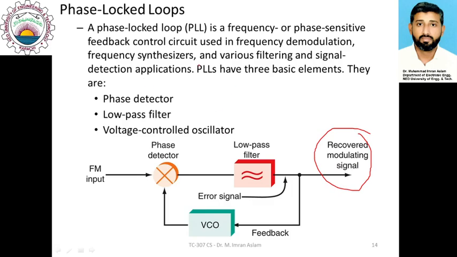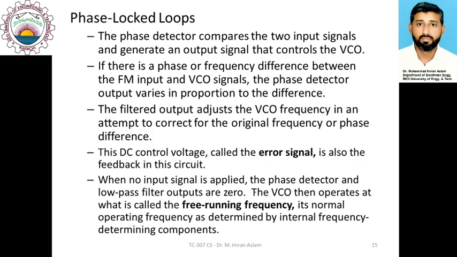Whatever I tried to explain here is also listed in the next slide for your convenience. You can see that the phase detector has two input signals, and it compares the two signals in order to generate an output signal. That output signal is used to control the VCO.